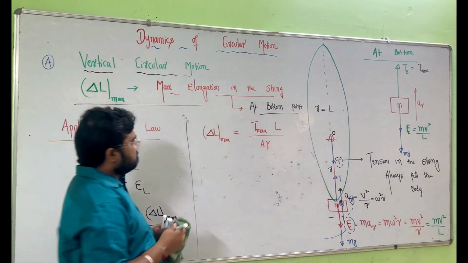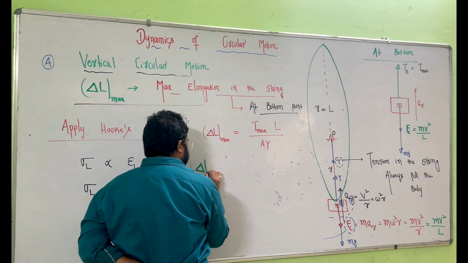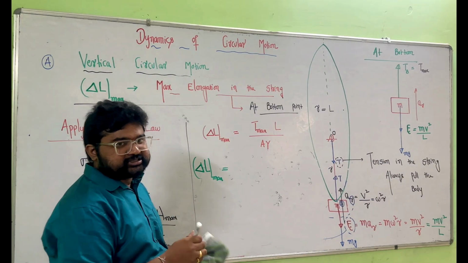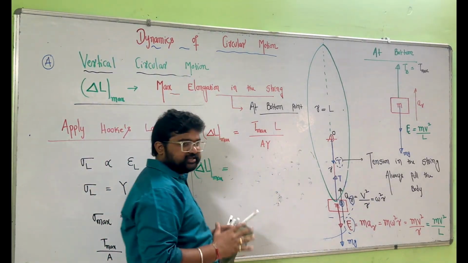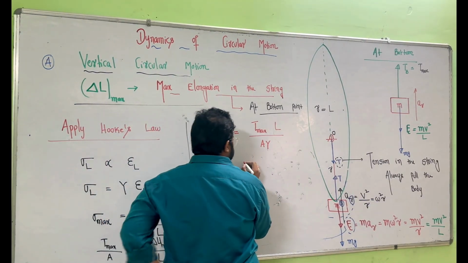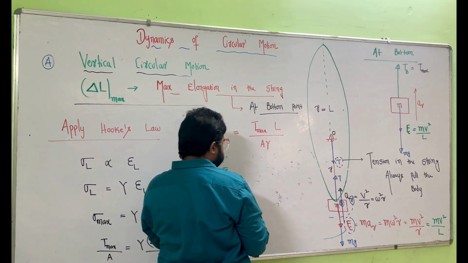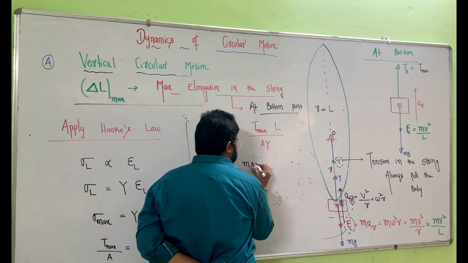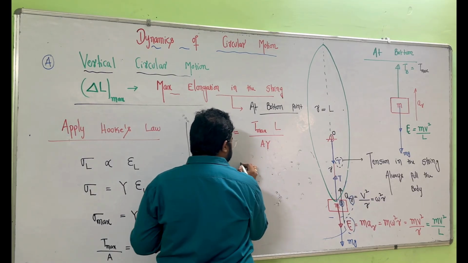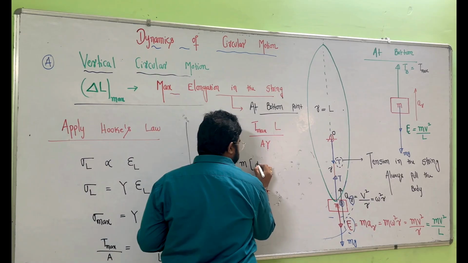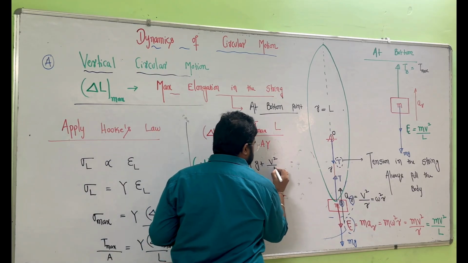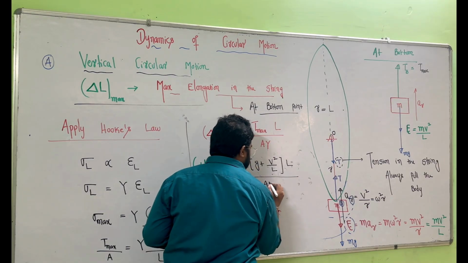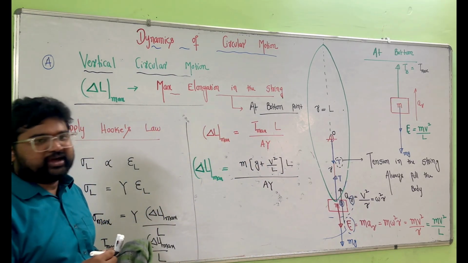What is the delta L maximum? The entire discussion is at the bottom point, with maximum tension. So here, how much is T maximum? T maximum is mg plus m v square by L, that is m into g plus v square by L, into L by AY.